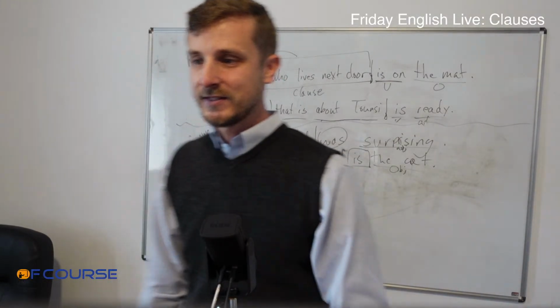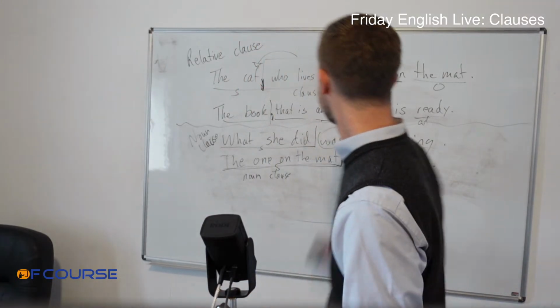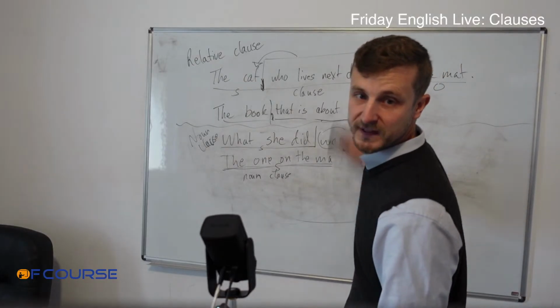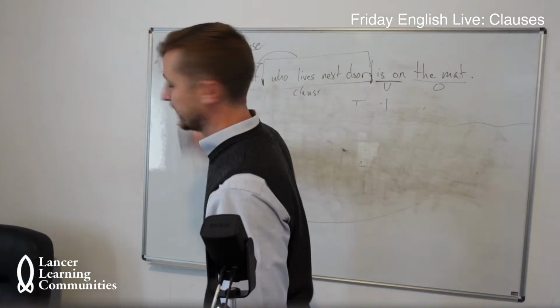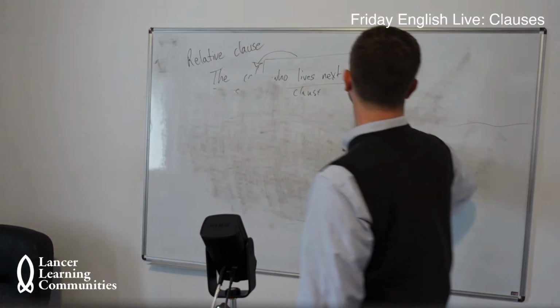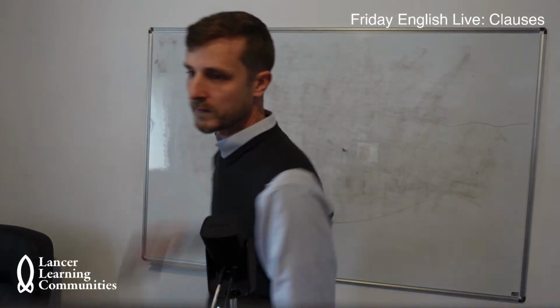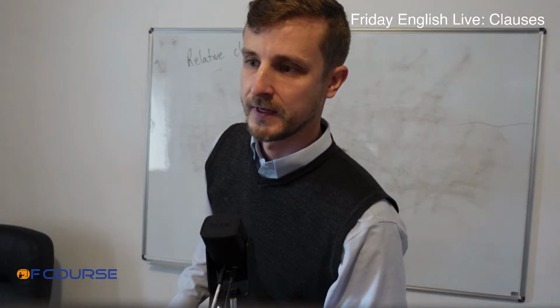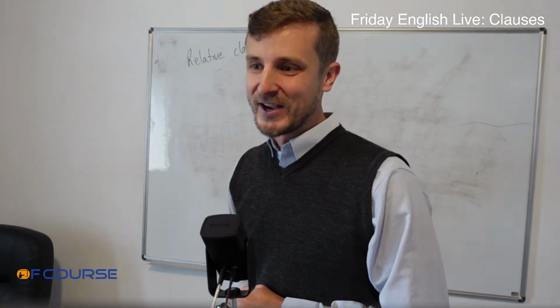All right, let's do an infinitive clause. You guys familiar with the infinitive form of a verb? See if you can guess what an infinitive clause is. All right, ready? All right, here we go.